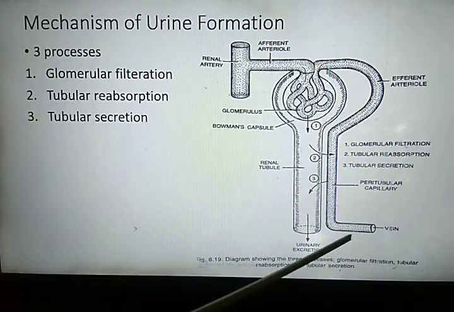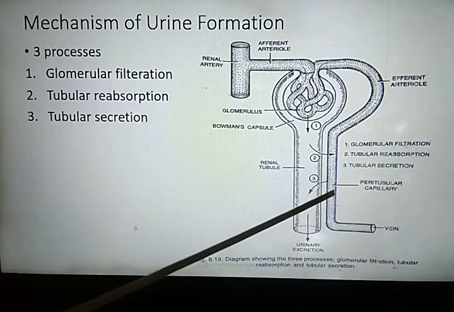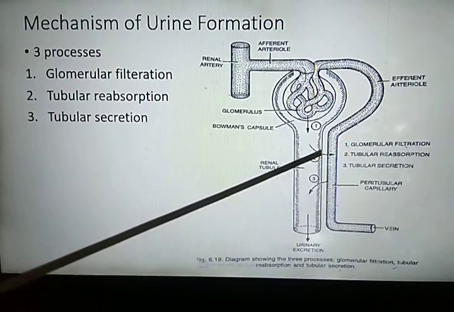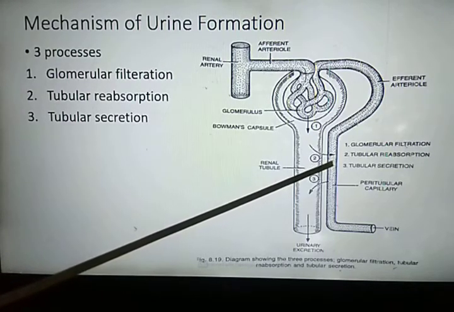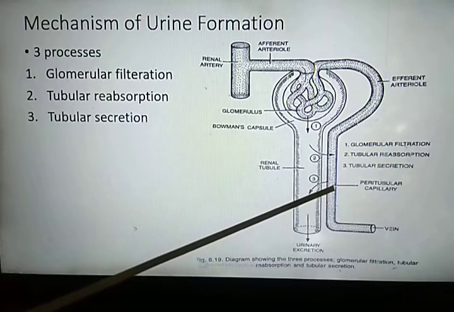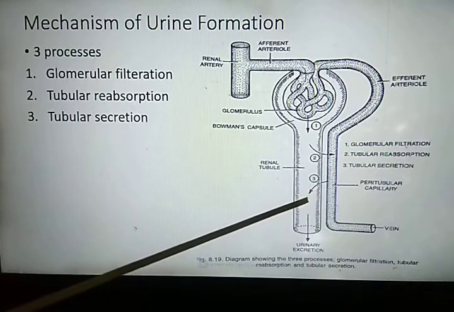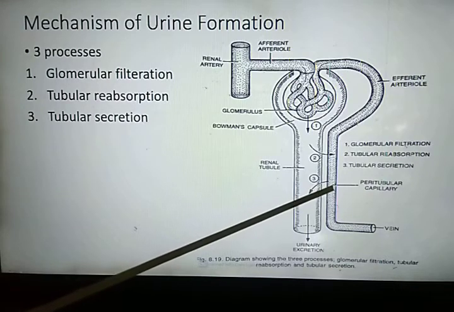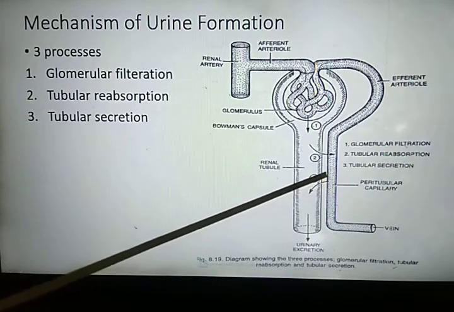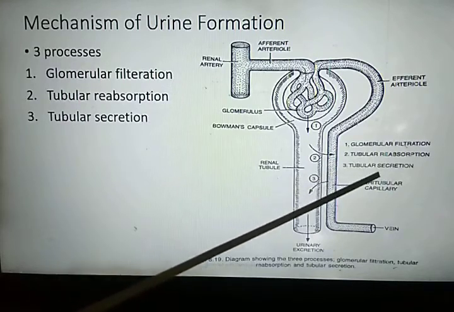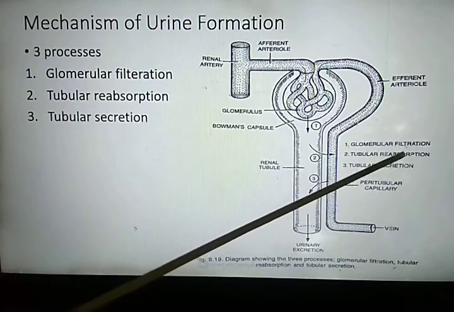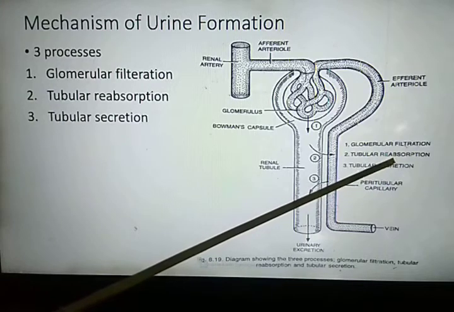So simply, how can you remember these two terms? In reabsorption, the substances are absorbed by the blood present in the peritubular capillaries, and in secretion, the substances are secreted from the blood present in the peritubular capillaries. Now here the word reabsorption is written, not absorption.